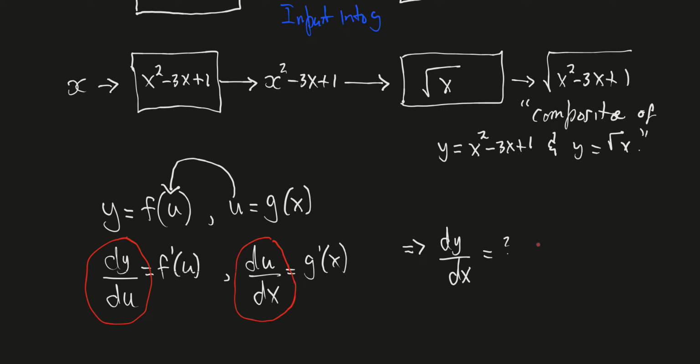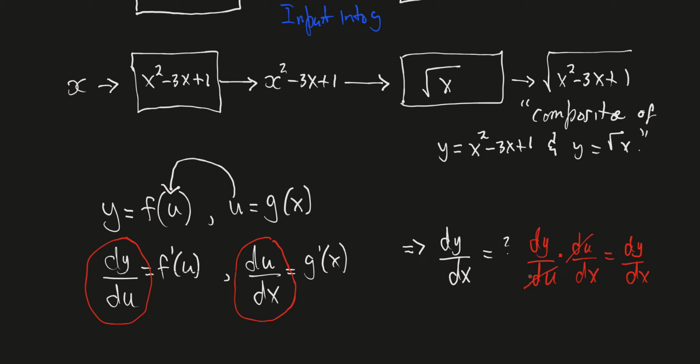So again, if I take dy over du and multiply it by du over dx, if we're allowed to cancel these things, then it seems like we're going to end up with what we want, dy dx. And this is the intuition, and that's all it is at this point.